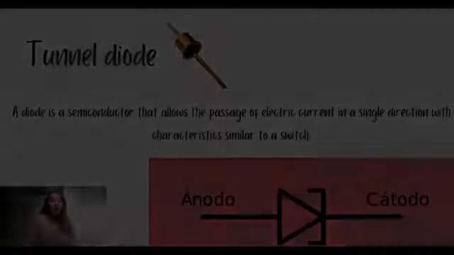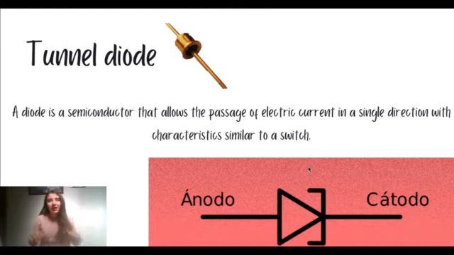It is a semiconductor diode that has a P-N junction in which the tunneling effect occurs, giving rise to a negative differential conductance in a certain interval of the current-voltage characteristic.